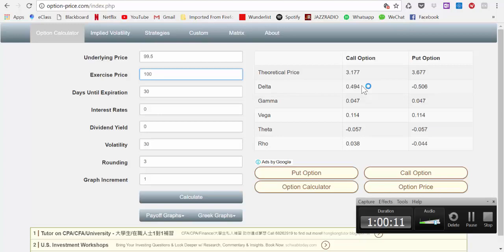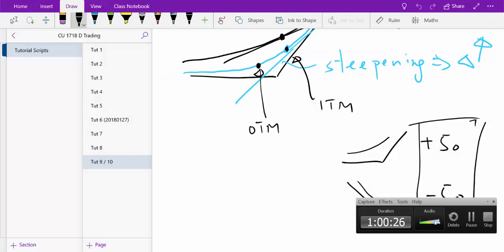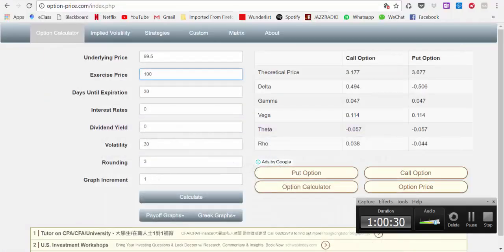Your delta would be close to, let's just say, zero. The call delta is around a half and the put delta is minus a half. So you have a delta of zero. Now, delta of zero means you don't earn money from delta, correct?